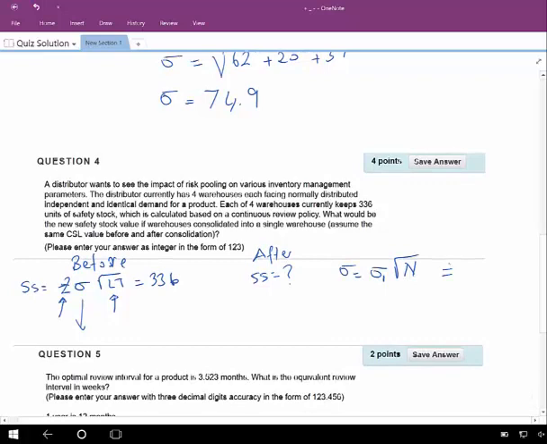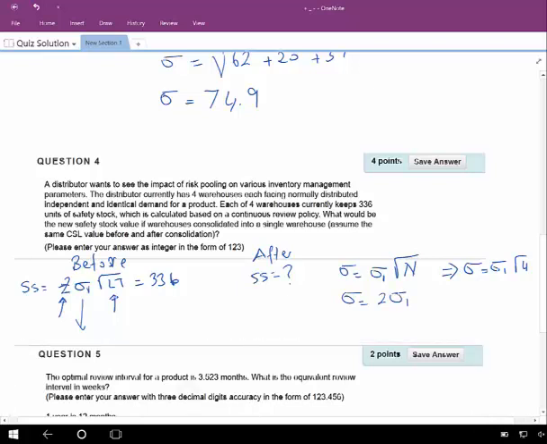And sigma in this case is equal to sigma 1 times square root of 4, so I get sigma equal to 2 times sigma 1.